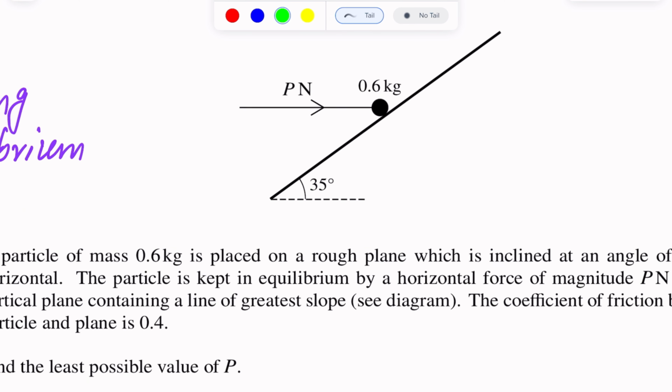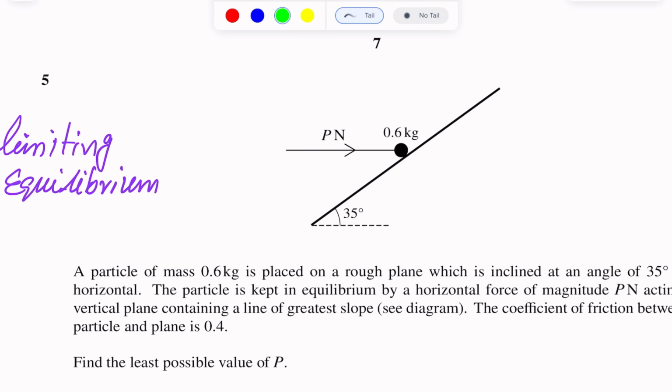In this question, there are two possibilities: the least possible value of P and the greatest possible value of P. But we have to find the least possible value of P. This system is in equilibrium. This force P kept the particle in equilibrium.